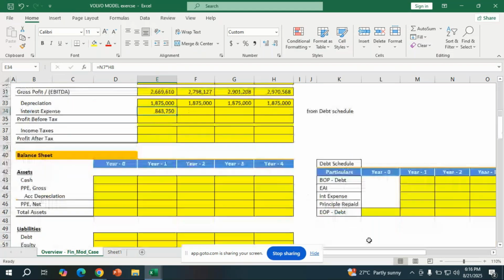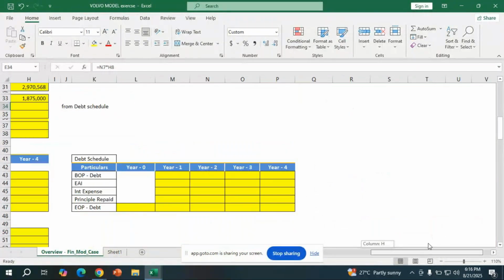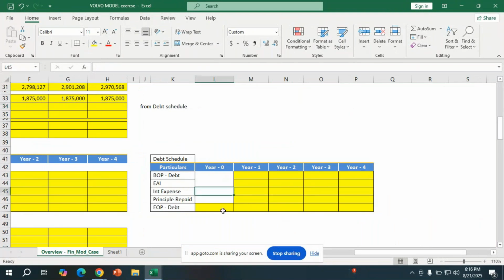So let's come to this debt schedule. Please come to the debt schedule at the bottom here. So here in this debt schedule, from year zero, right?